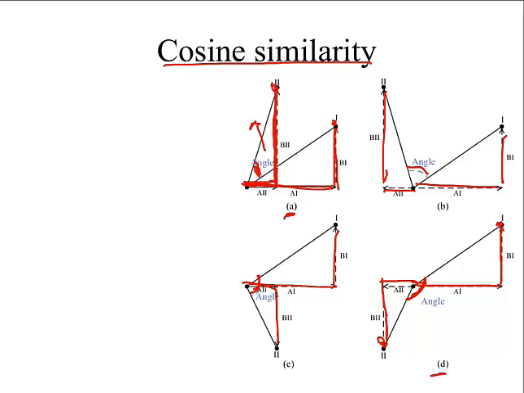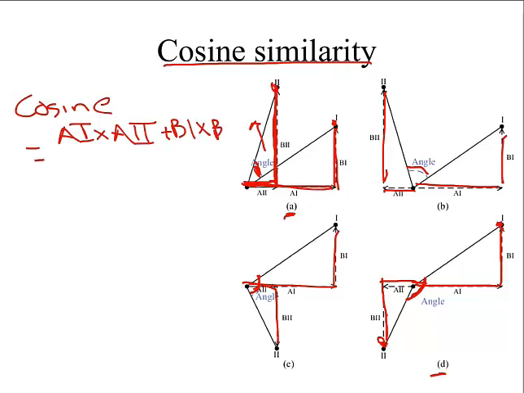The way that we do that is we calculate the cosine of this angle, which is a geometric idea. The way that we find the cosine of an angle is as follows. We take the product of all the coordinates for the different points that are pointing in the same direction: A1 times A11, plus B1 times B11, and so forth, and we add all those together.